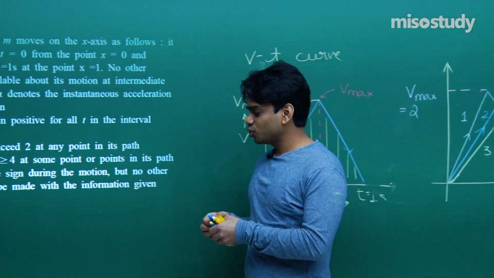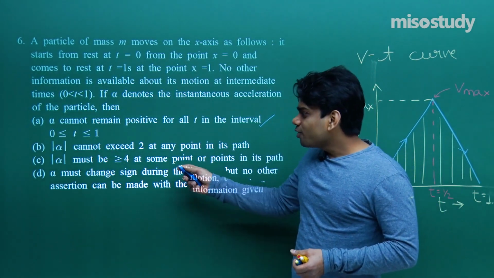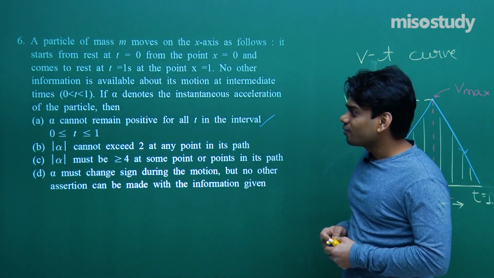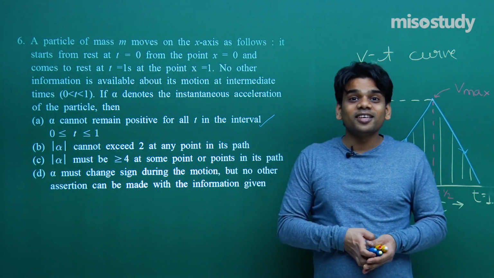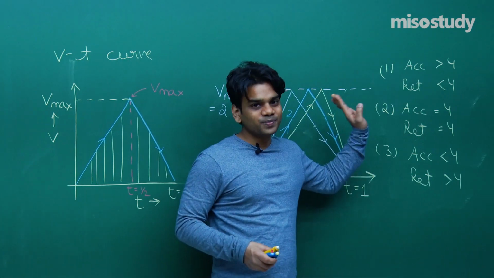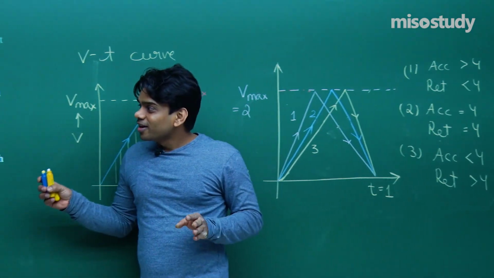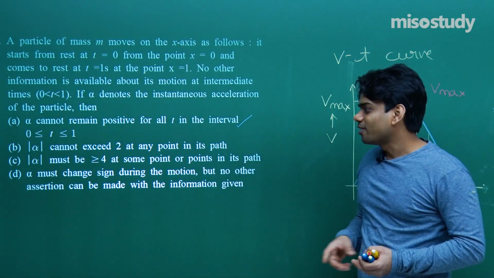Yes, option A is true. What about option B? Modulus alpha cannot exceed 2 at any point in its path. It is exceeding 2 because it has a value more than 4. So modulus alpha cannot exceed 2, no, it can exceed.